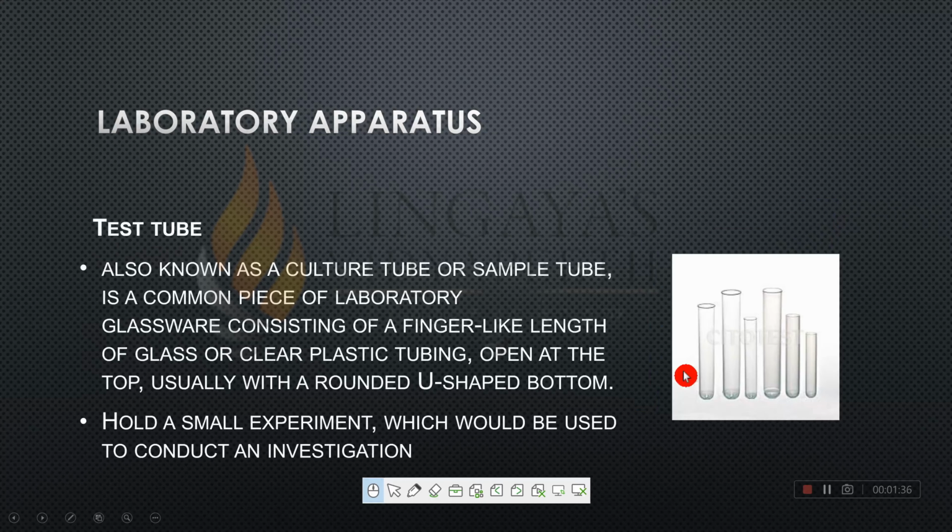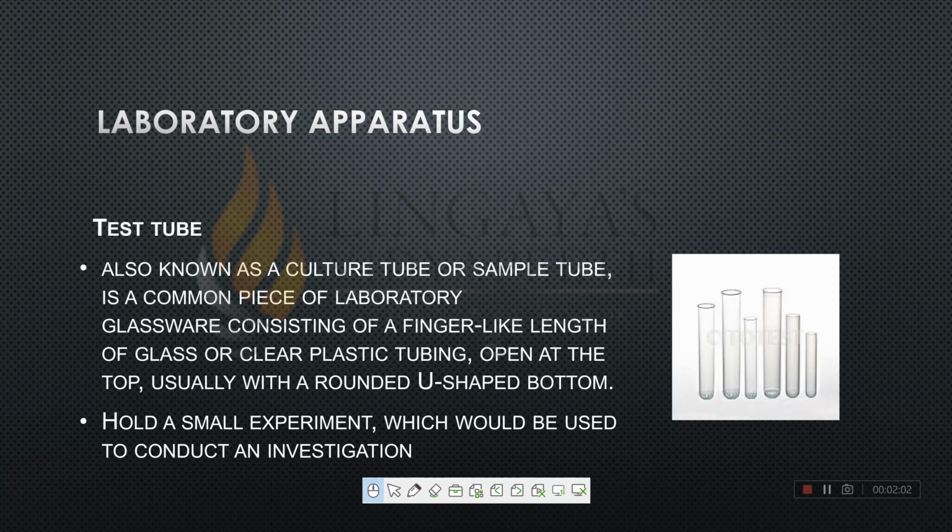Now the second one is the test tubes. Test tubes are the most commonly used equipment in the laboratory. These are also known as culture tubes or sample tubes. Test tubes are of different types and are available in different sizes and shapes. There can be a glass test tube, there can be a plastic test tube.